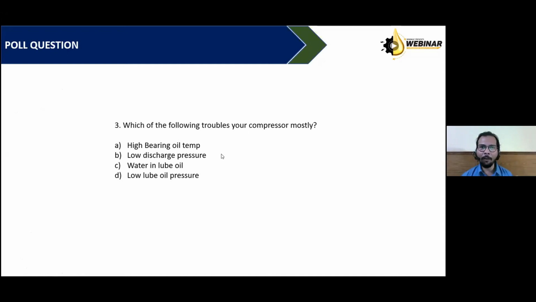Maybe high bearing oil temperature, low discharge pressure, water in lube oil, or low lube oil pressure. So please vote. Your voting is great input for us, and it is like food for us to think more in that particular area.